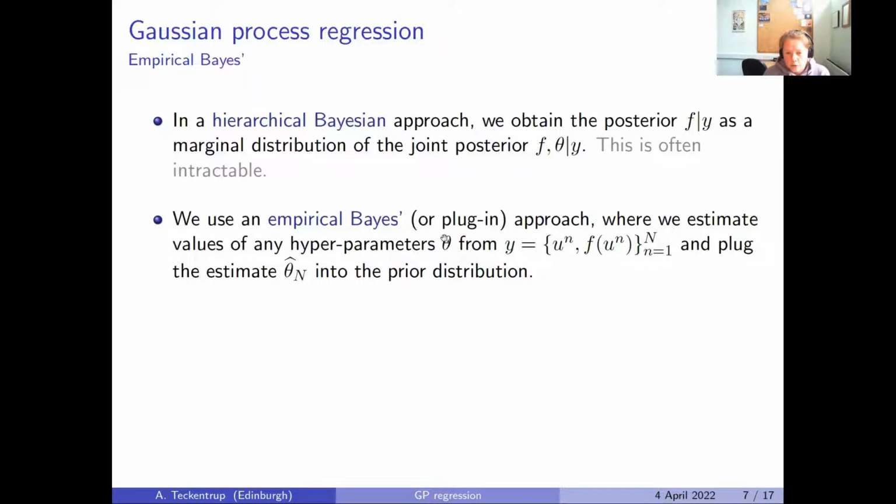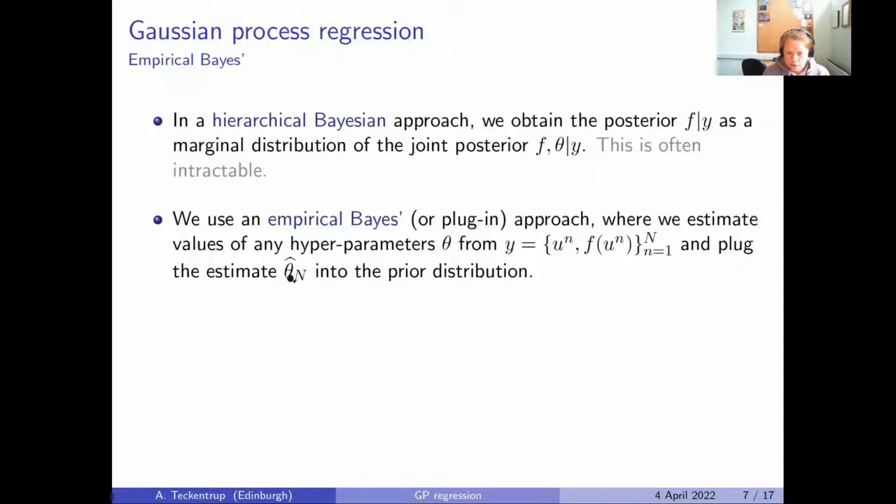So what you do quite often is an empirical Bayes approach, also called the plug-in approach. What do you do here? You compute an estimate of your hyperparameters. You have this estimate theta hat that you're computing from your observed data y. That's where the dependency on n comes from, that you're estimating it from your data.